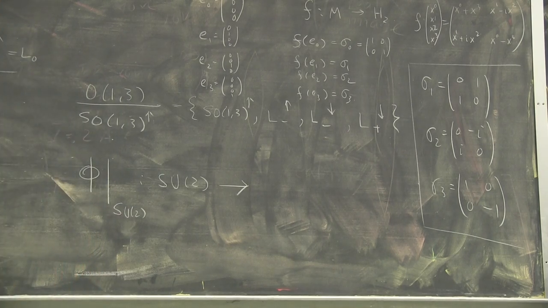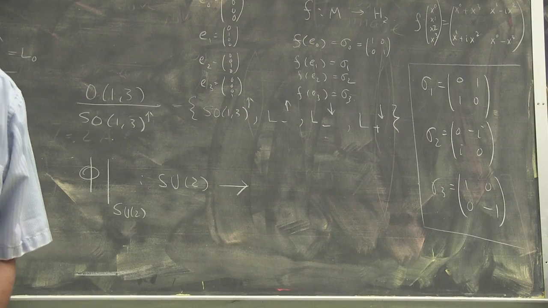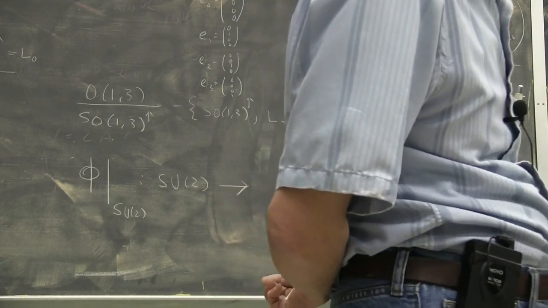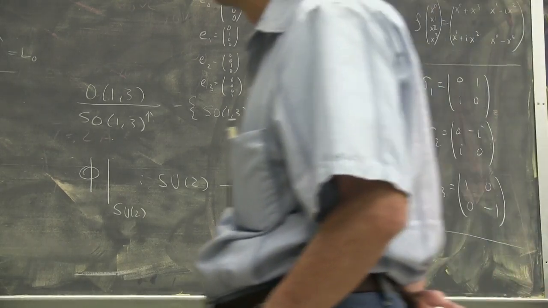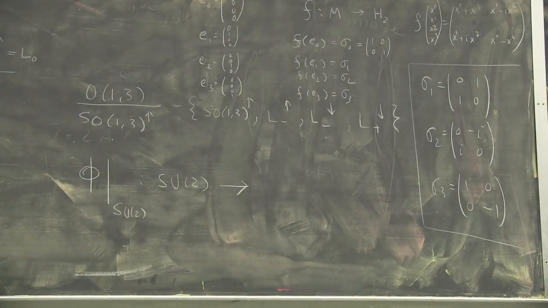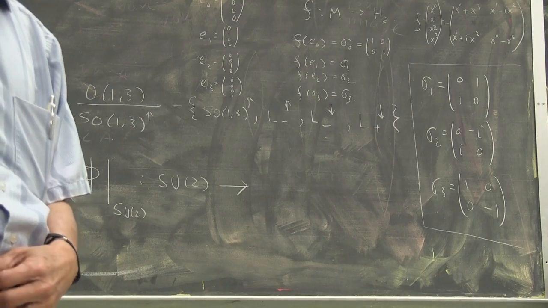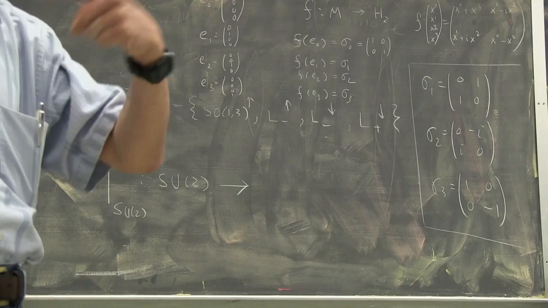So pure rotations in three-dimensional space is now a subgroup of the Lorentz group. And it's important to be able to think of it in this way. The Lorentz group is a generalized four-dimensional rotation in Minkowski space because it preserves the length of Minkowski vectors according to this metric. But the three-dimensional rotations are a much more familiar kind of rotation that we are normally used to, namely just the ordinary rotations of three-dimensional vectors.